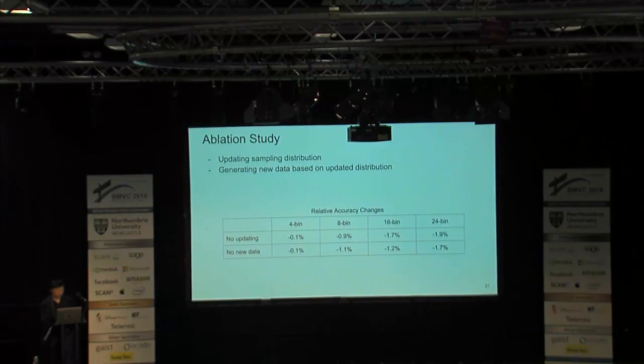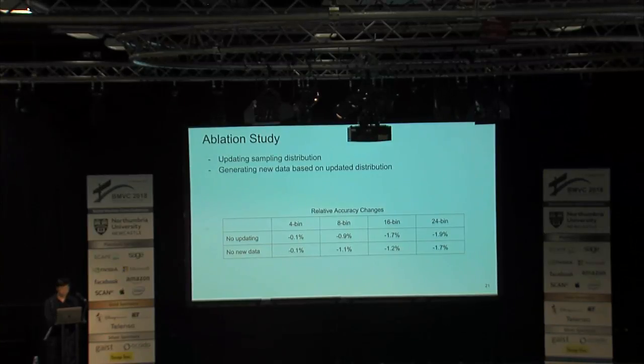We did some ablation study for our method. So for our method, we mainly benefit from two abilities. First is updating the sampling distribution according to difficulty of training examples. And second is generating new data based on the updated distribution.